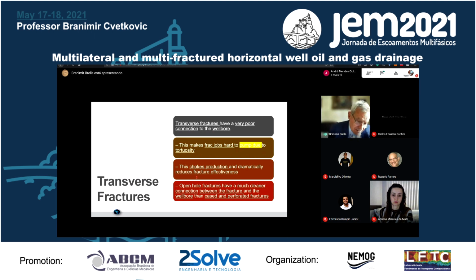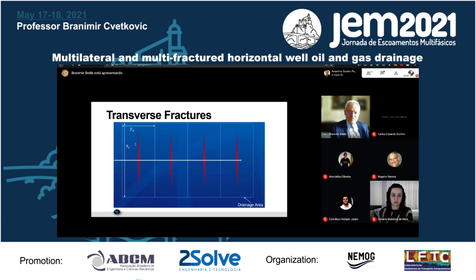So this is again the structure of the well. Do we have an open well, or do we have a cased well? So the transversal fracture, that is the ideal. And what is very interesting here, you see this? These are going to be your drains.